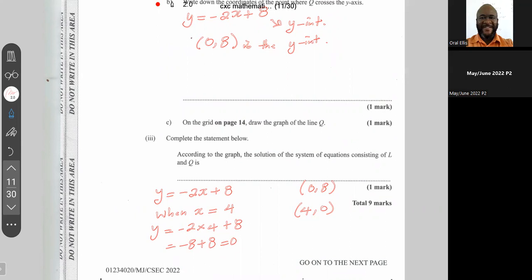And if you're using a graph to solve simultaneous equations, the solution would be the value of x and y where the 2 graphs meet. So the 2 graphs meet at the point 3, 2. So the solutions of the system of equations consisting of L and Q are x is equal to 3 and y is equal to 2. The solutions are the values of x and y where the two graphs meet.